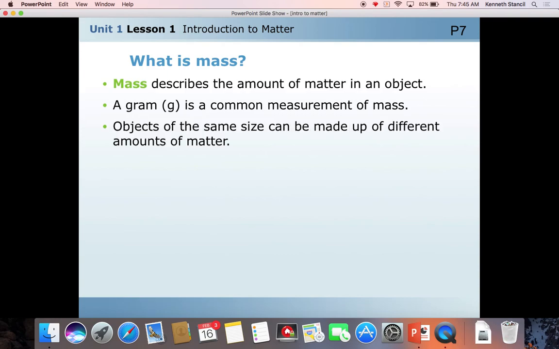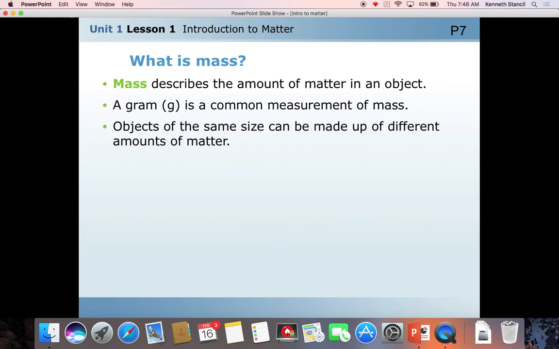Objects of the same size can be made up of different amounts of matter. We talked about a piece of cork and a piece of steel. If they are both 1-inch cubes, which one is going to have more matter in it? Which one? The steel.